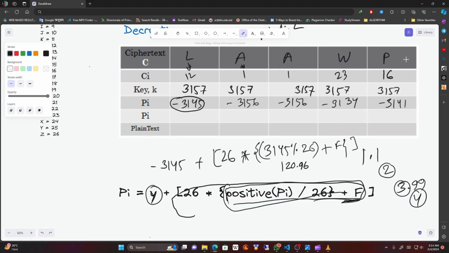Now we get a fraction value, so we add 0.04 here so that we can make this 120 value into its next integer. So this whole thing will be 121.